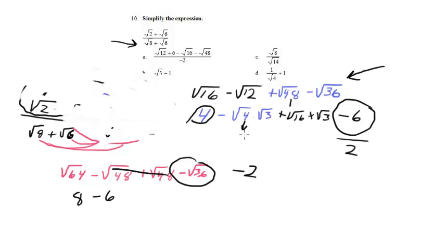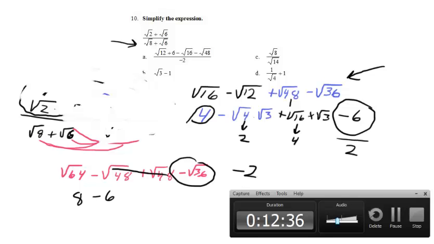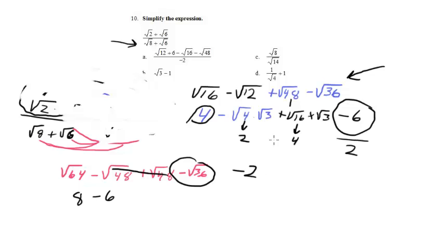The square root of 4 is 2. The square root of 16 is 4. So I've got minus right here, minus 2 times square root of 3.